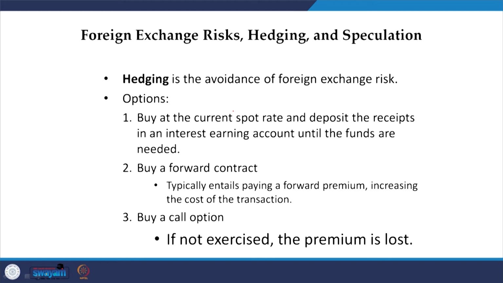So, once you buy at a spot rate and deposit for interest earning receipts, that can reduce our risk. In case of buying a forward contract, which is attached with a month or year, typically this entails paying a forward premium, increasing the cost of the transaction. So, that is also related to hedging.